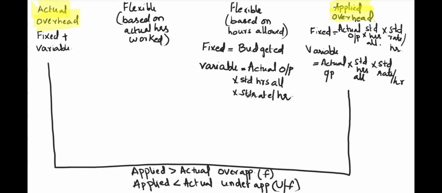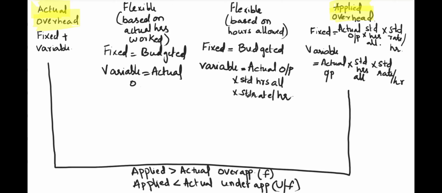But when it comes to the flexible budget based on actual hours worked, fixed is my budgeted amount, but for variable it has to be actual output into actual hours worked into standard rate per hour.